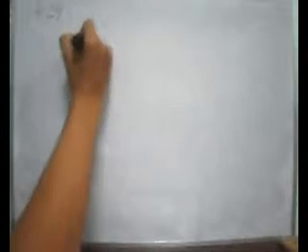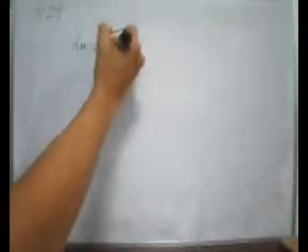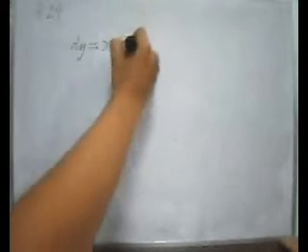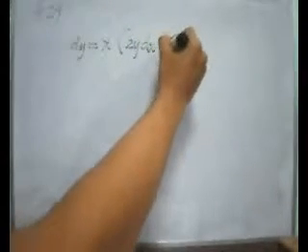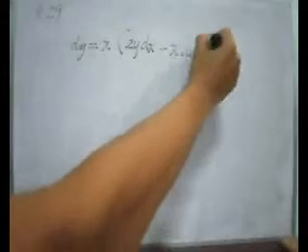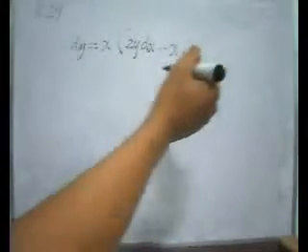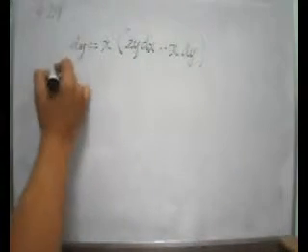The original equation we have is dy equals x times 2y dx minus x dy. So what will be the value of our dy? That is 4x dx, right?